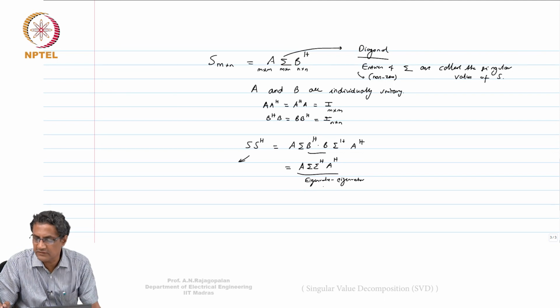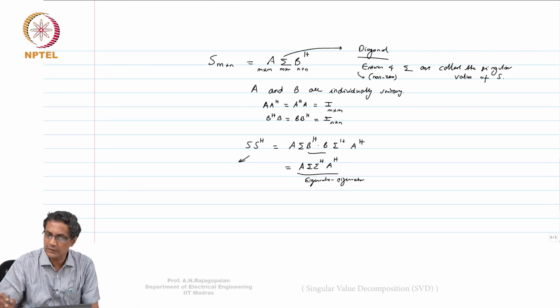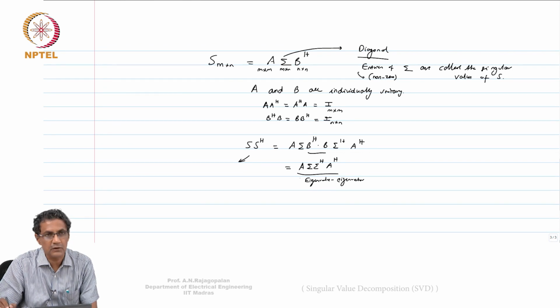The only change is that the eigenvectors are now the columns of A, because of the way you write this SVD. So the eigenvectors of S S Hermitian are the columns of A, and the eigenvalues of S S Hermitian are sitting here in this matrix sigma sigma Hermitian, which will be square and diagonal.